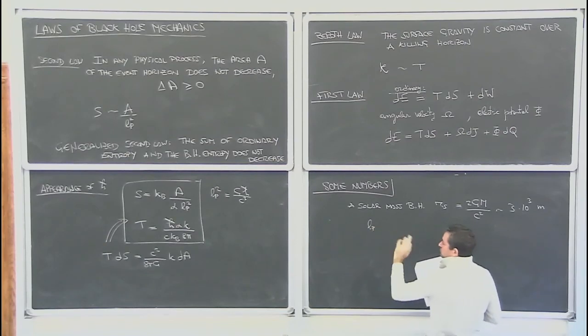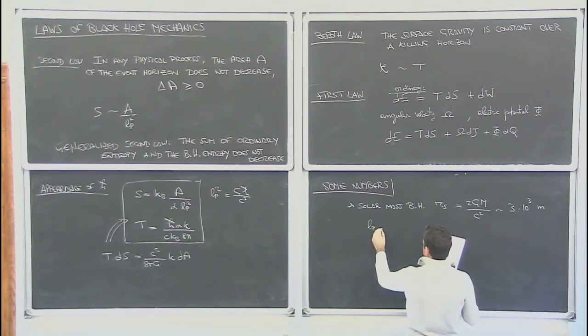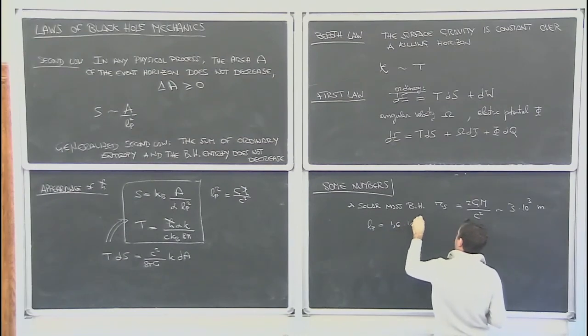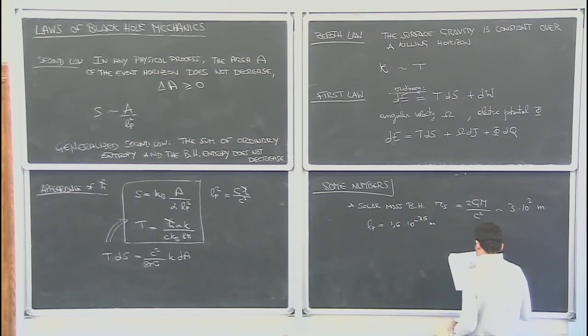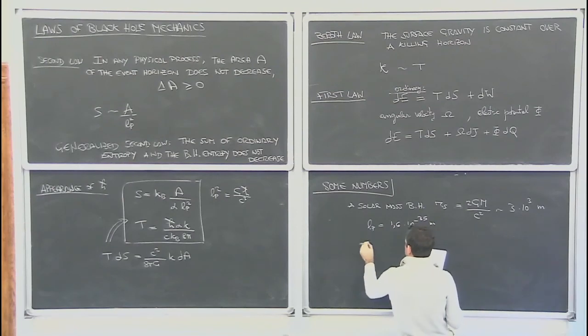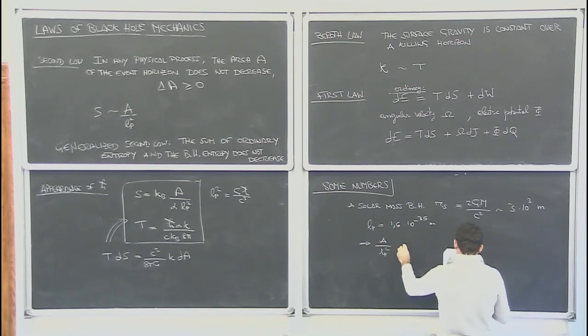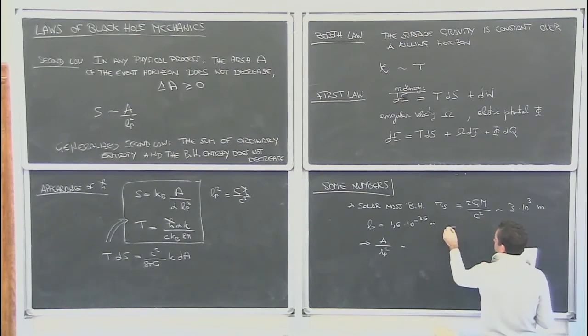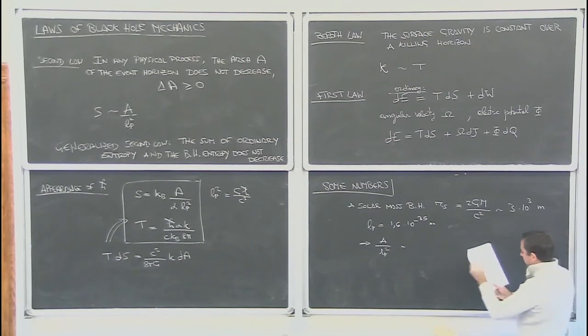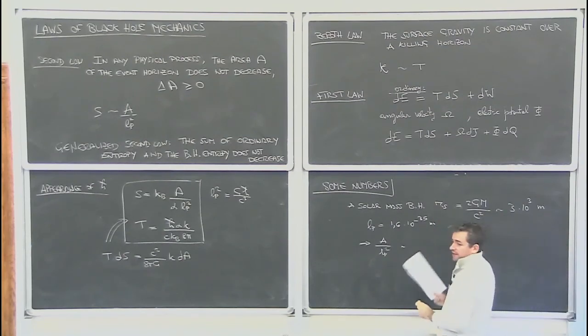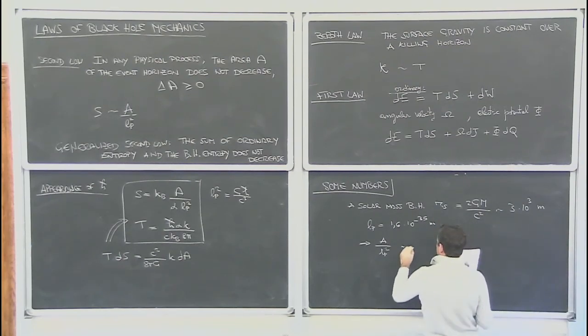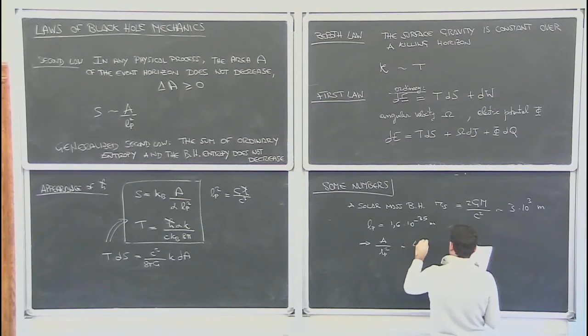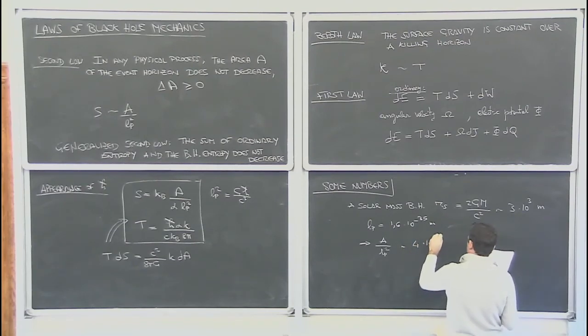So there is a huge factor that comes out. Then the area over LP squared is roughly, let me not compute the area from RS, the area of the sphere. Anyway, you get something like 4 times 10 to the 77.